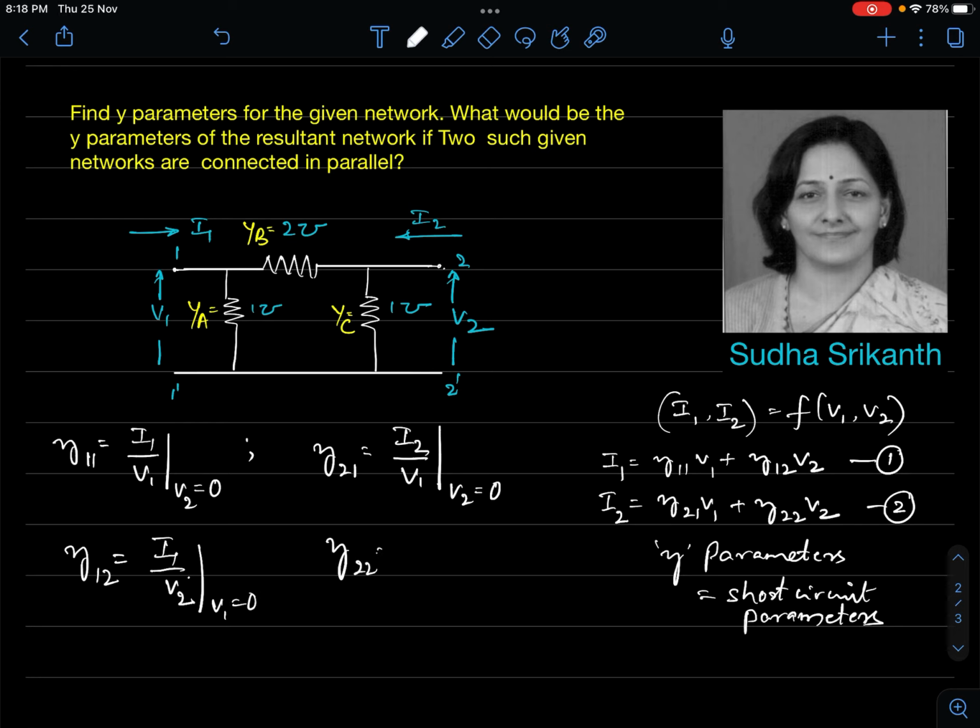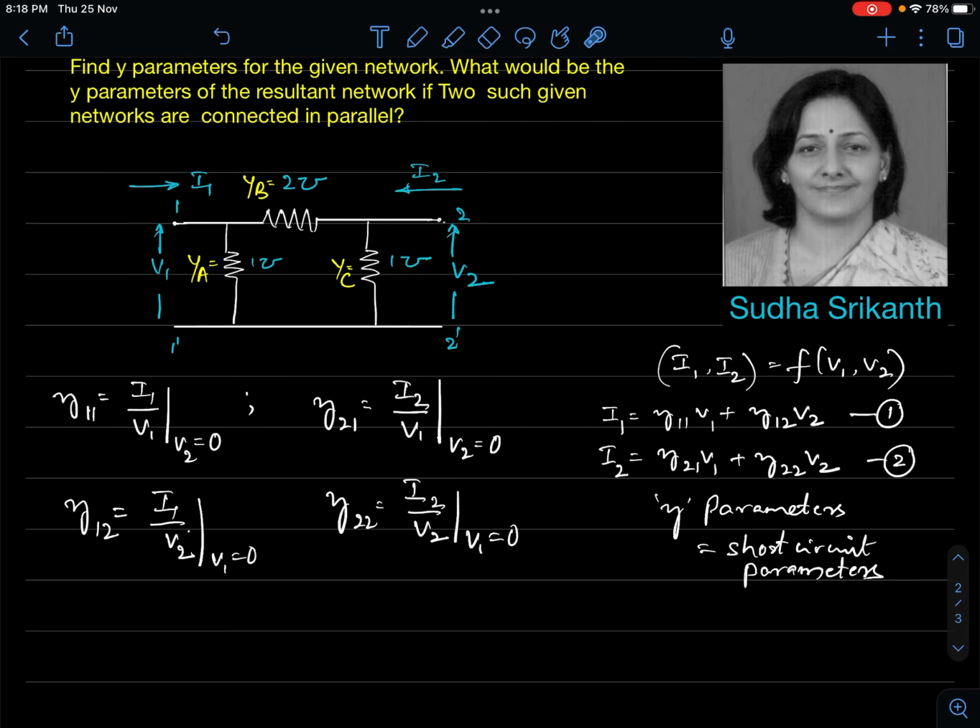And y22 is I2 to V2 with V1 0. So this is how we determine all the four parameters. One thing is clear, we need to short circuit either the output port, that is make V2 0, by which we will determine y11 and y21, or short the input port, making V1 0, by which we will determine the other two y parameters, that is y12 and y22.